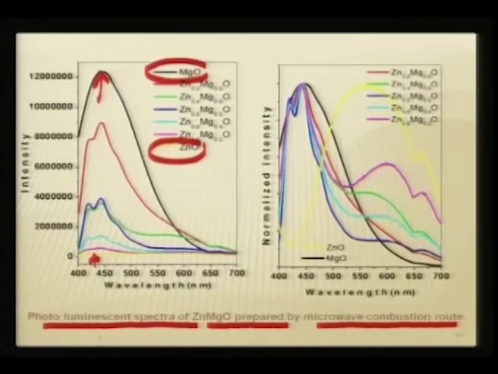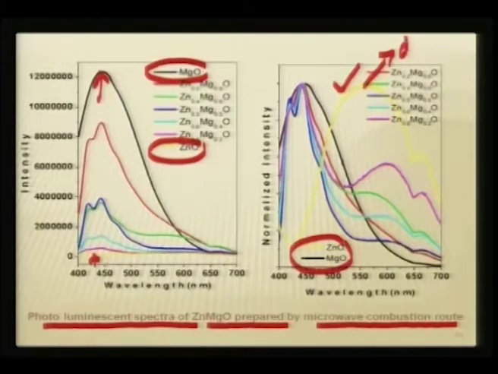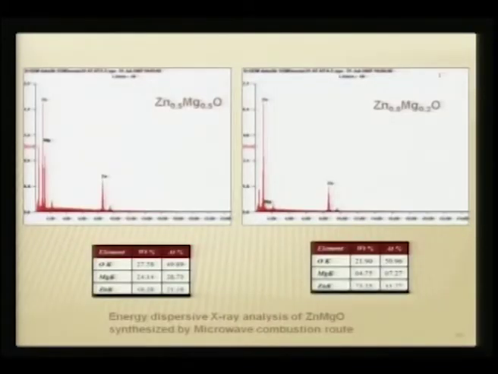Whereas, if you take the PL spectra of the reverse doping effect, for example magnesium oxide here and then zinc oxide, you can clearly see zinc oxide is totally dominated by the 550 nanometer emission, which is the defect induced emission. This is due to defect.